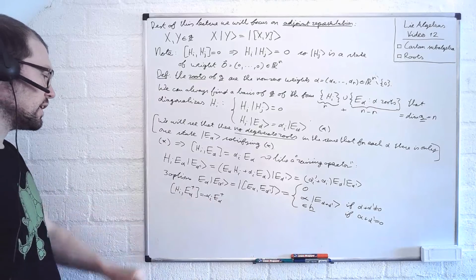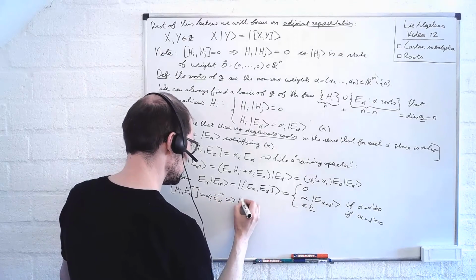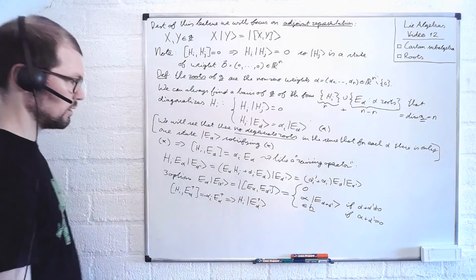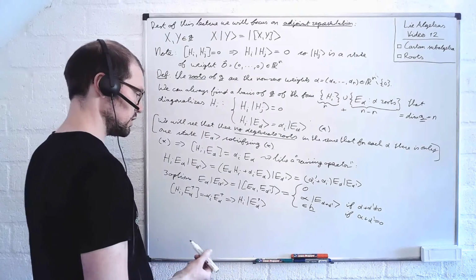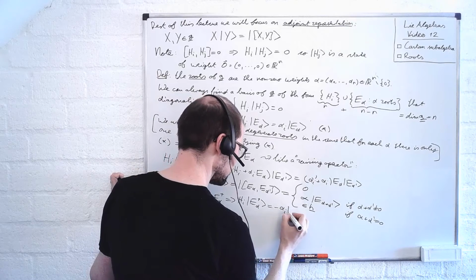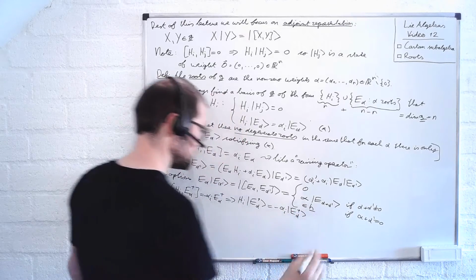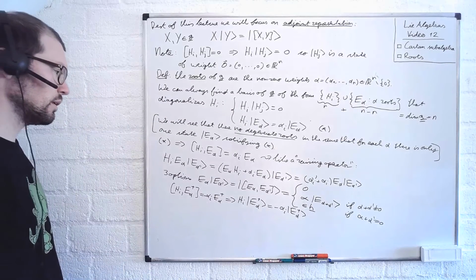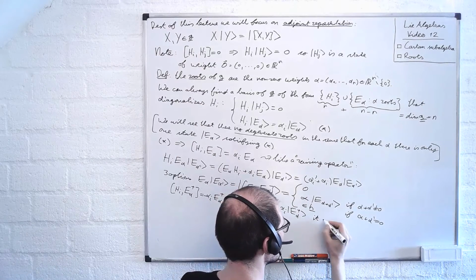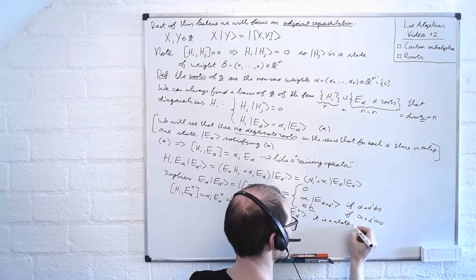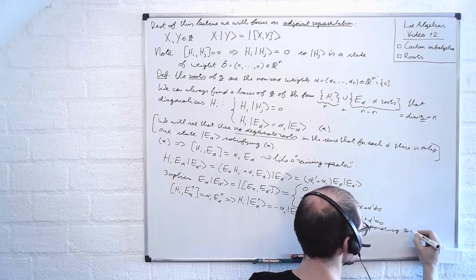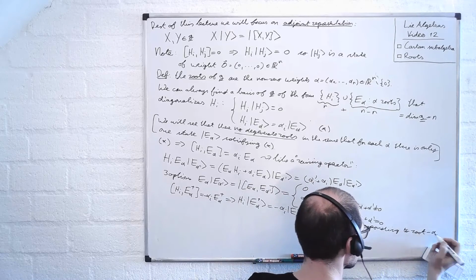So put differently, let me put the minus sign here. What we see is that h_i acting on the Hermitian conjugate of this particular state has weight minus alpha. So it is a state corresponding to the root minus alpha.